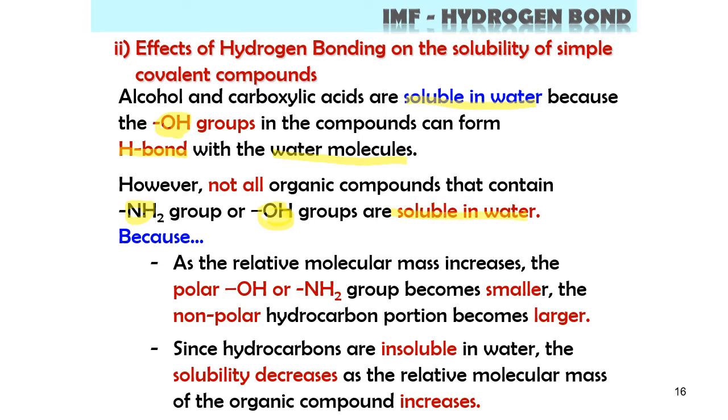Why? Okay, let's look at the other factor, which is the molecular mass. If the molecular mass is large, it means the size is bigger, and the polarity of OH and NH2 will be different. It will give a big difference. It means the polarity of the group will be smaller and the non-polar hydrocarbon portion will be larger. We will look at this after this.